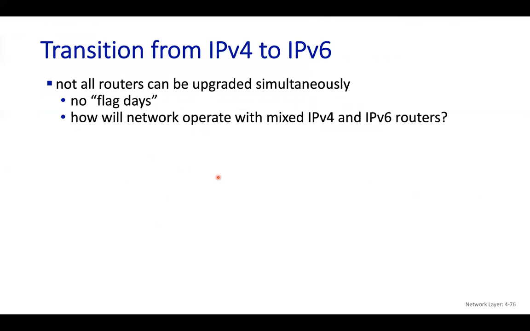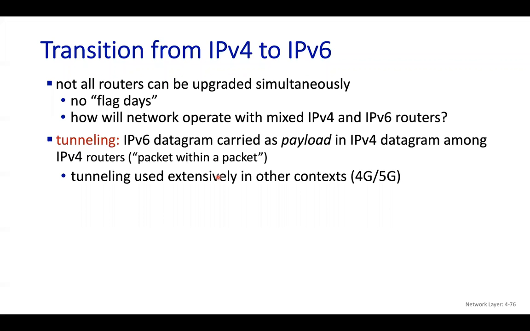If you send IPv4 to the old routers, how can you deal with that? So the internet operates with mixed IPv4 and IPv6 routers. The idea is, can we do some translation, some tunneling? IPv6 datagrams are carried as a payload in IPv4 datagrams among the IPv4 routers.